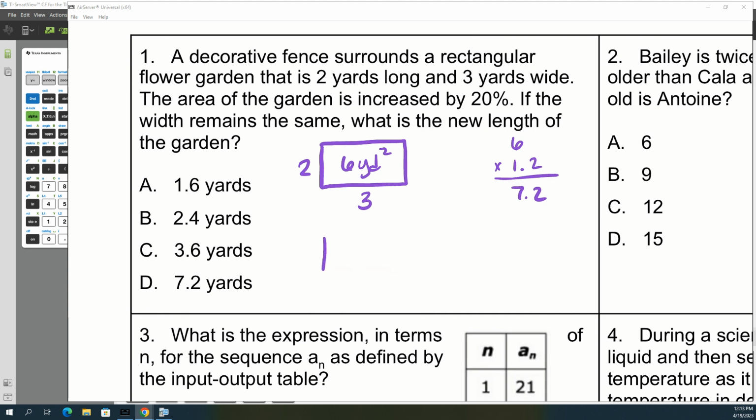So the width is 3, the width is going to stay 3, and the length is going to change. All right, so we need to figure out what that new length needs to be by taking 7.2 and dividing it by 3, and that's going to give you 2.4.